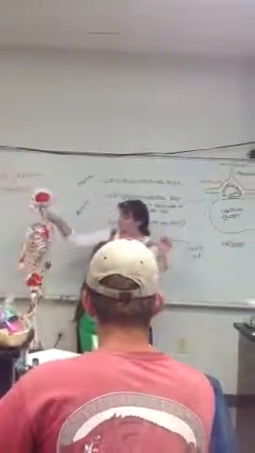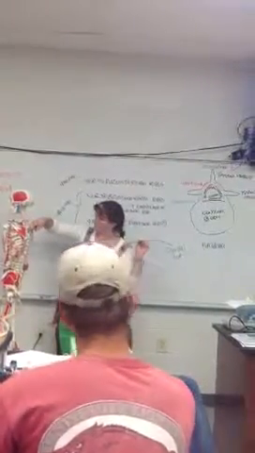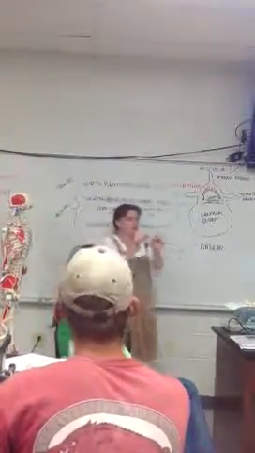They articulate with the ribs. See where it touches the rib right there? Those articular facets are called costal facets. Costal because it's a rib, facet because it's an articular smooth surface.